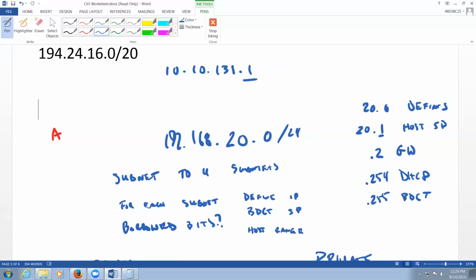Now, because we added 2, so 24 plus 2. Now, with the value of that, you need 4 bits.